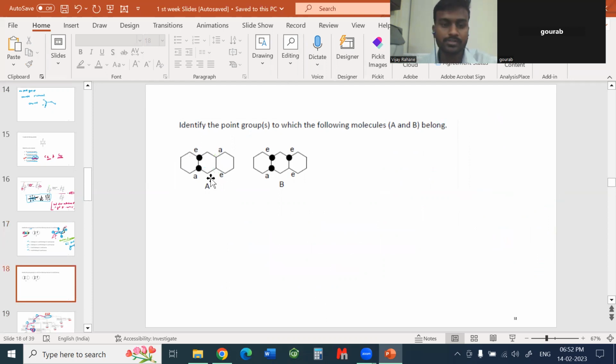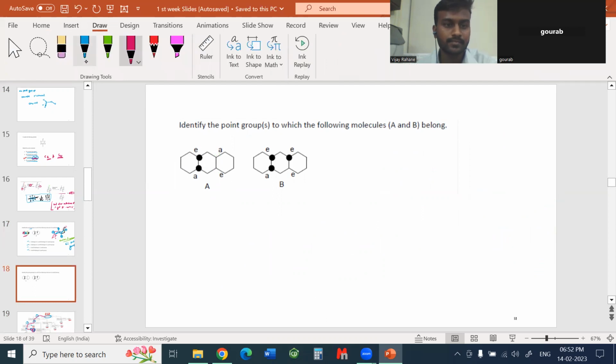The first molecule we have seen belongs to the Ci point group. Now it's time to check the second molecule. Which point group does this molecule belong to?